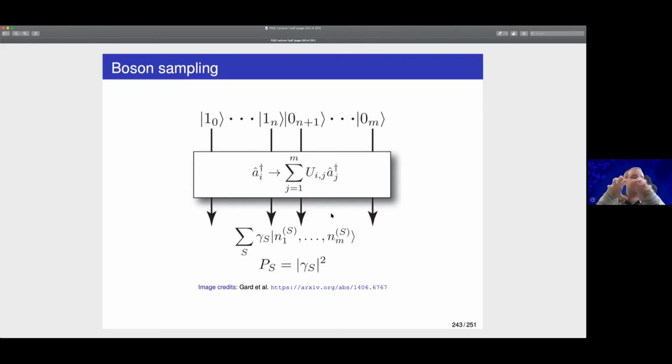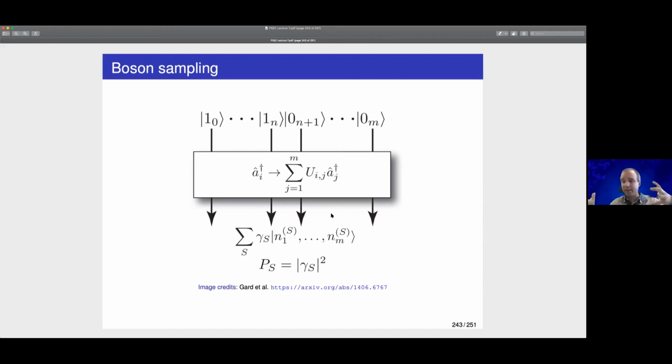And what is this boson sampling? Well, in this task of boson sampling, which was proposed in 2011 by Aaronson and Arkhipov as a way of showing quantum supremacy, you have a network of linear optic devices, like beam splitters and mirrors and things like that. And then you feed some photons as the input of your linear optics network, and then you measure.